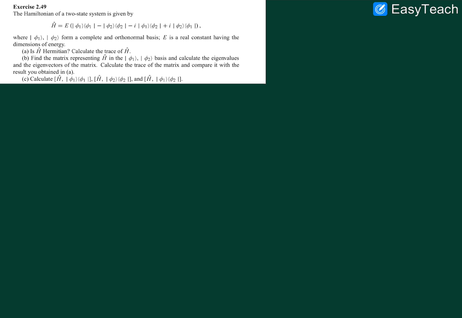Now coming to question 2, we have to make the matrix out of the given operator. If H_ij is the element of this matrix, then H_ij is defined by bra i H ket j.